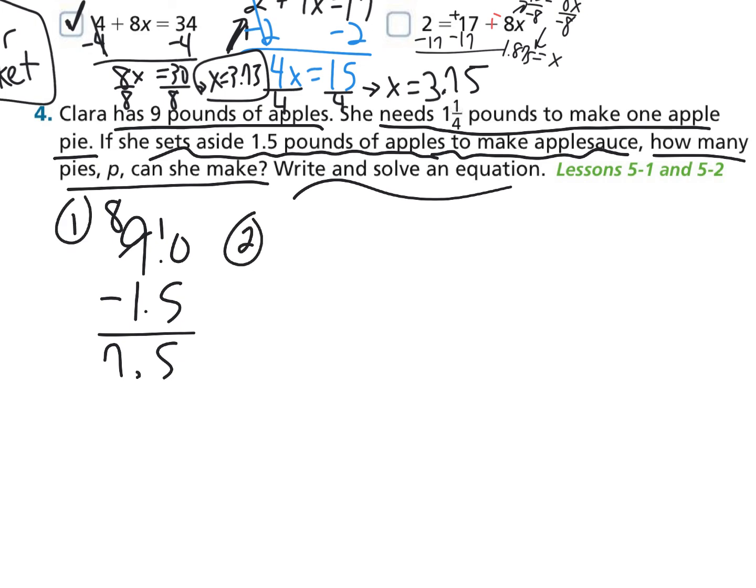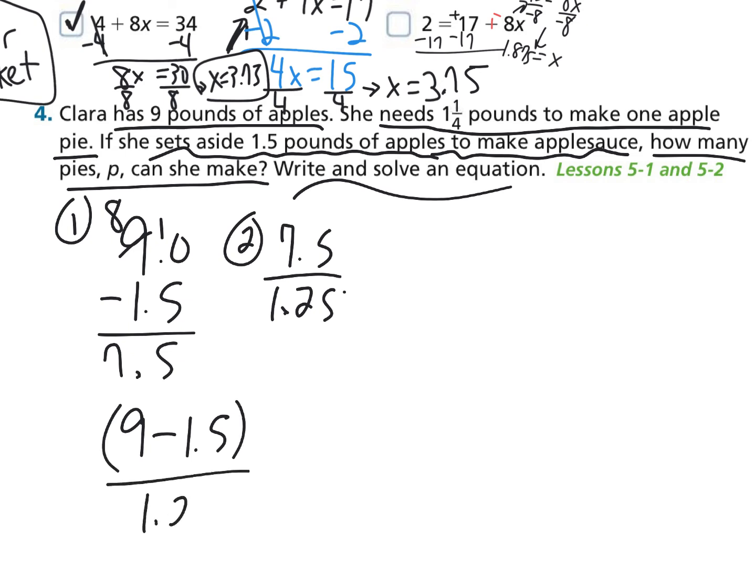And then if it's 1 1/4 or 1.25 pounds per pie, you could just take 7.5 divided by 1.25. So think about what you did then. You can make up an equation. You could say 9 minus 1.5. I did that first, and then I divided by 1.25, and then that equals the number of pies I can make.